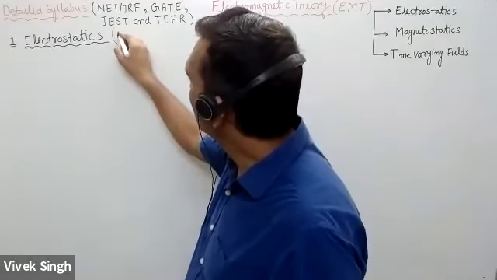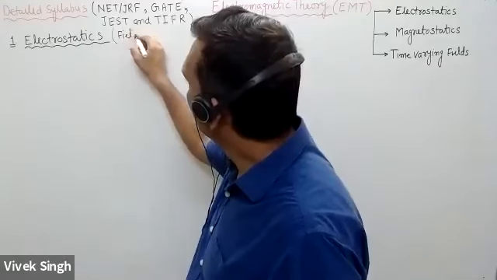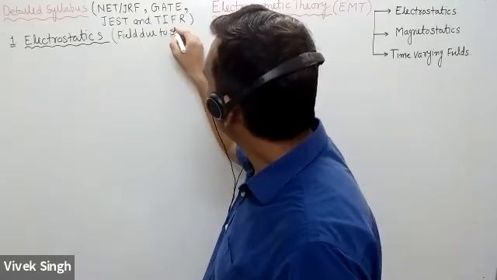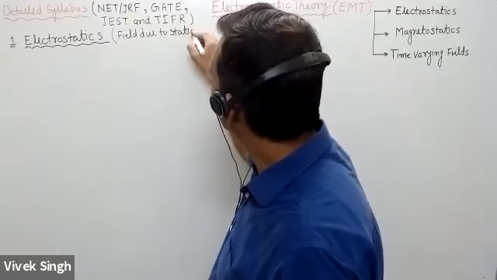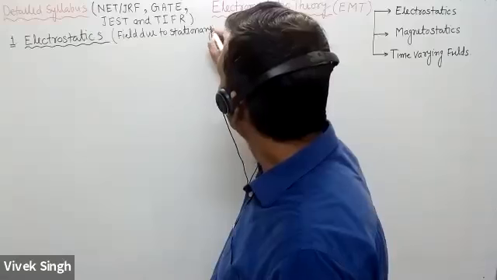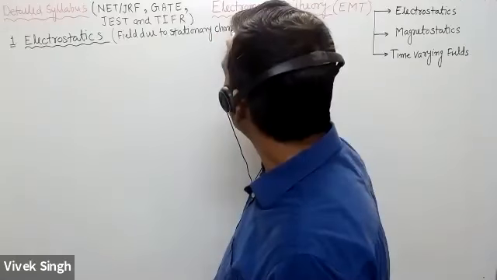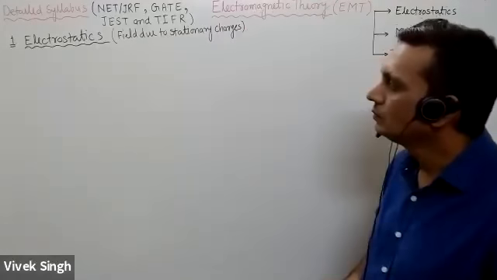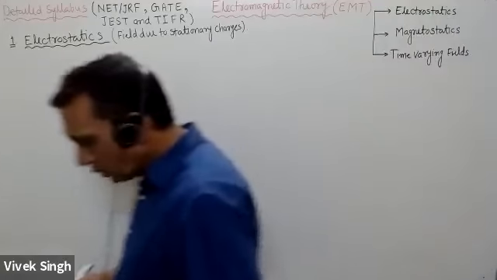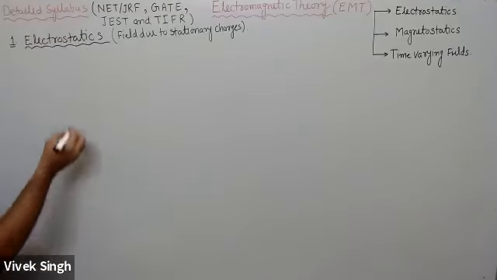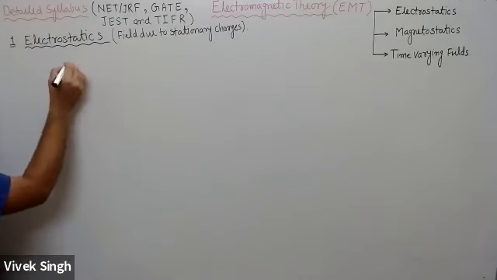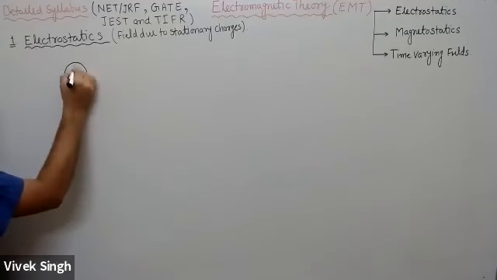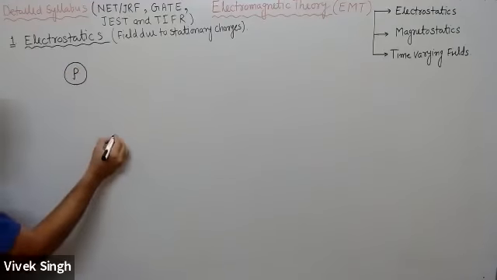We will talk about field due to stationary charges. So in electrostatics, we will focus on three parameters. One is charge. In general, let us represent it by charge density.